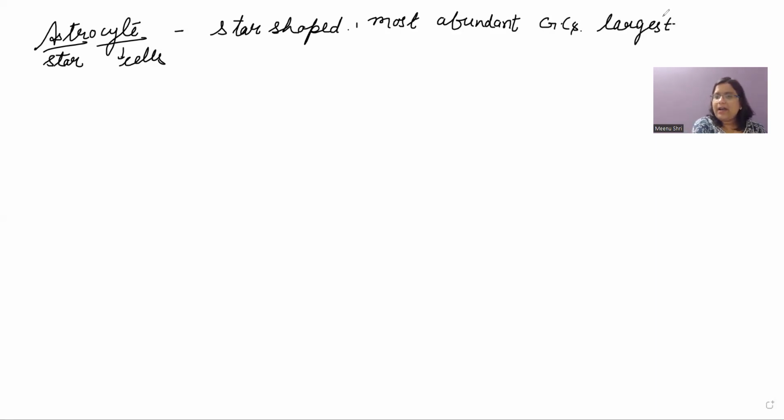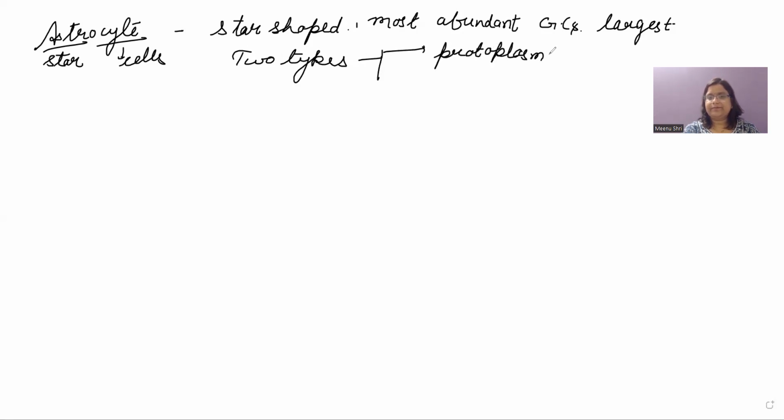What functions they perform, we will discuss. But before that, the astrocytes are of two types. One is protoplasmic astrocyte cells, and the second one is fibrous.